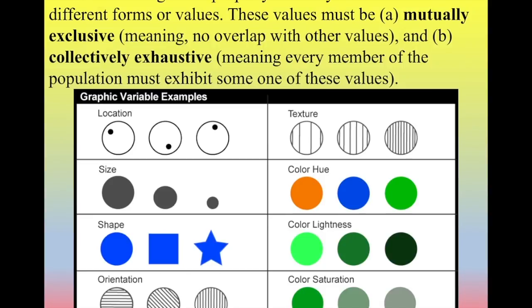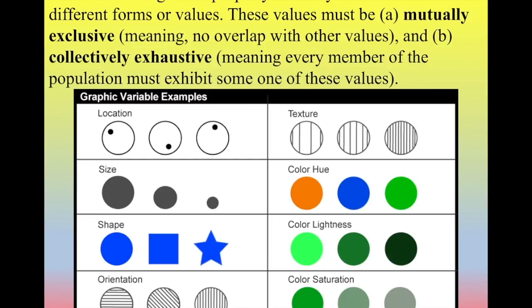A variable in statistics is a technical concept and has a very specific meaning. It means a general property that may instantiate in different values. A variable must meet two conditions to be a variable in statistics.